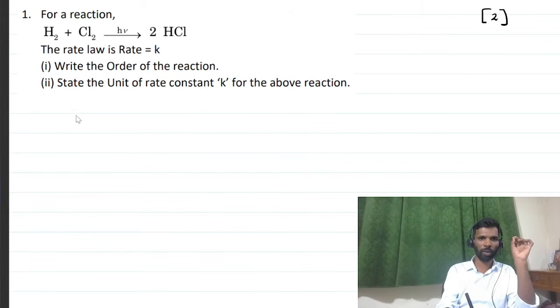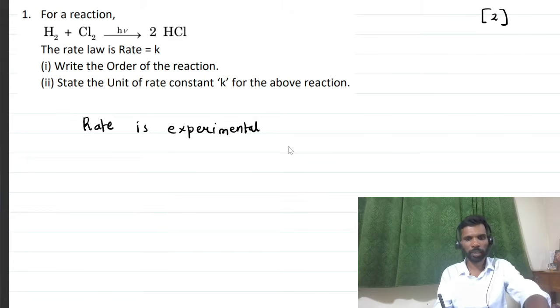First, what is rate law? Rate law is experimental. This is something a student should know.